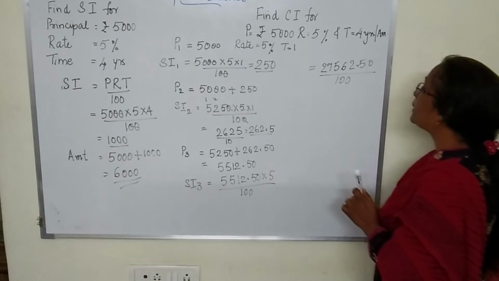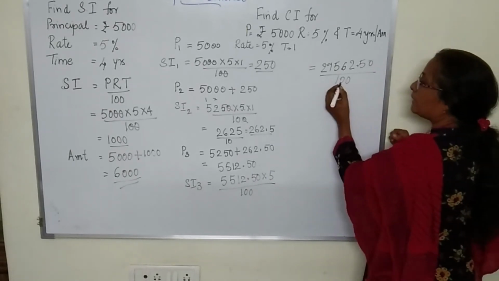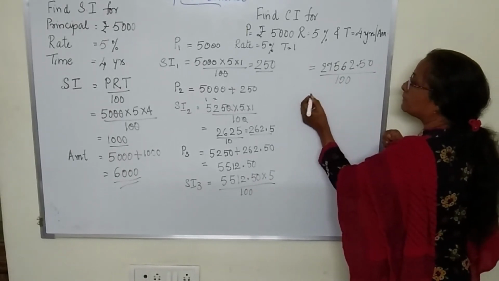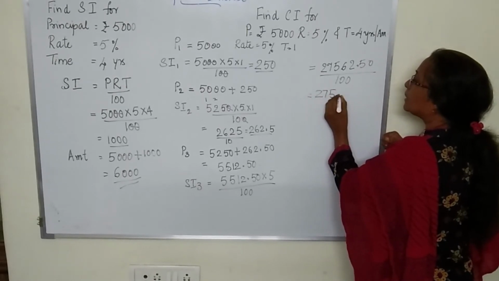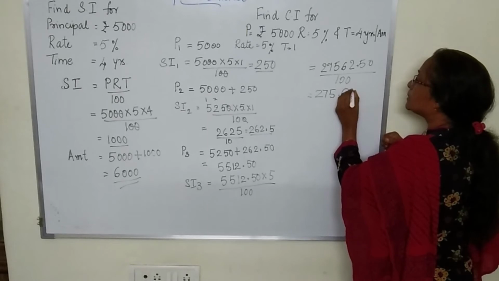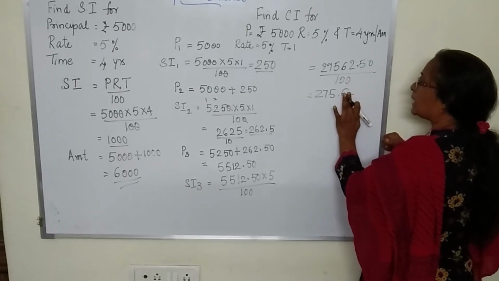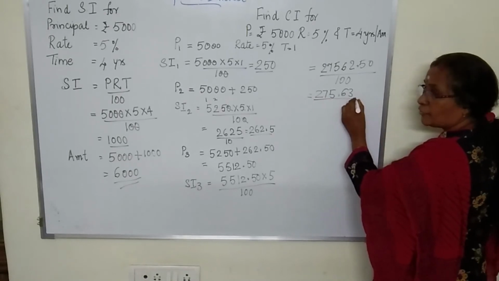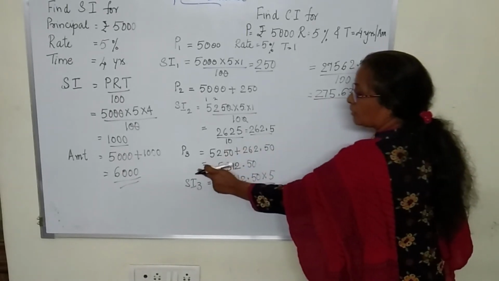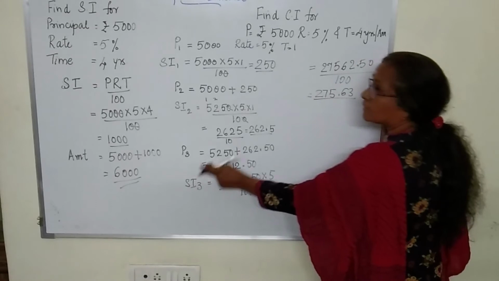Okay, so what do you get here? Because we are dividing it by 100, it will come 275.625. So you can take it as 275.63. Okay, this will be the interest of the third year.